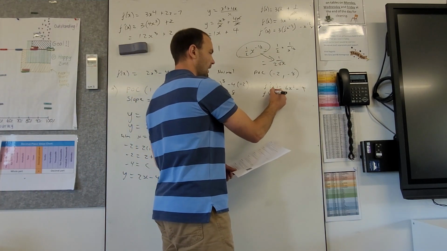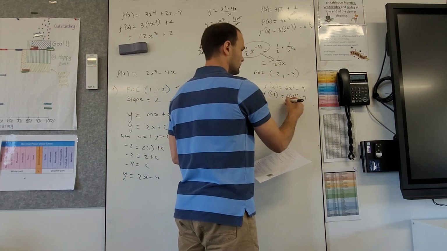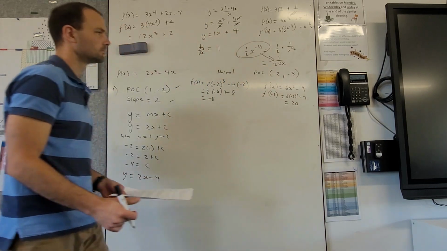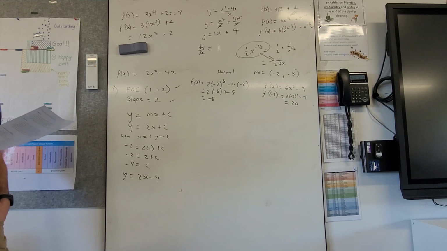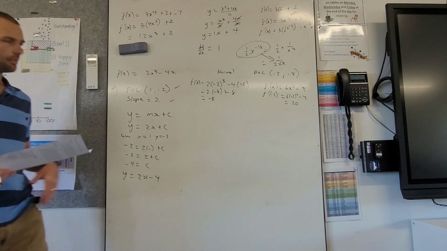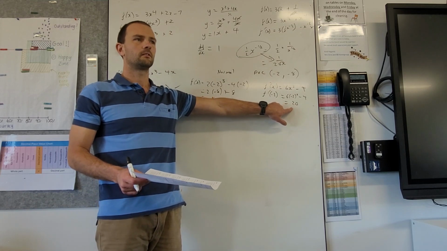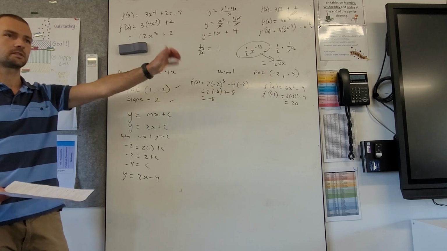Alright, we're doing the normal at x is minus 2. 24 take 4, 20. Very steep. Okay, now that would be the slope of the tangent, right? But for a normal, we need the negative reciprocal.